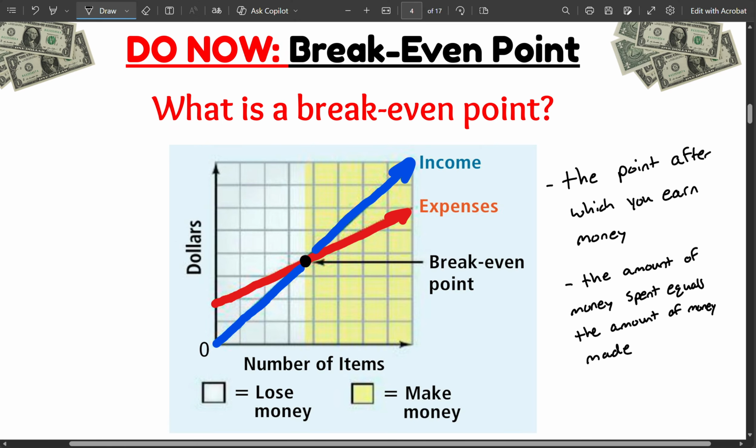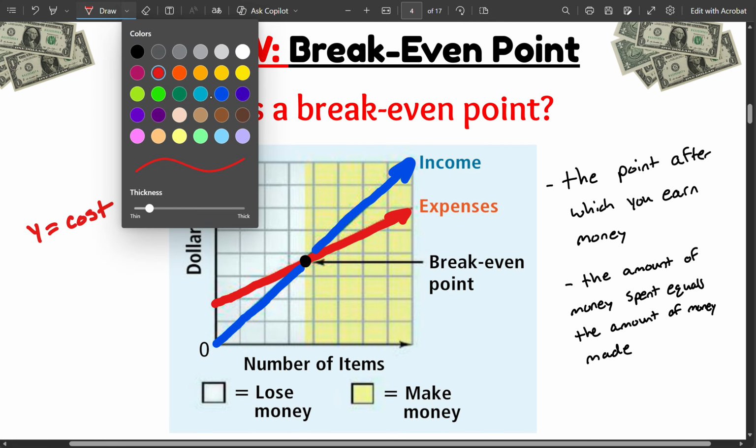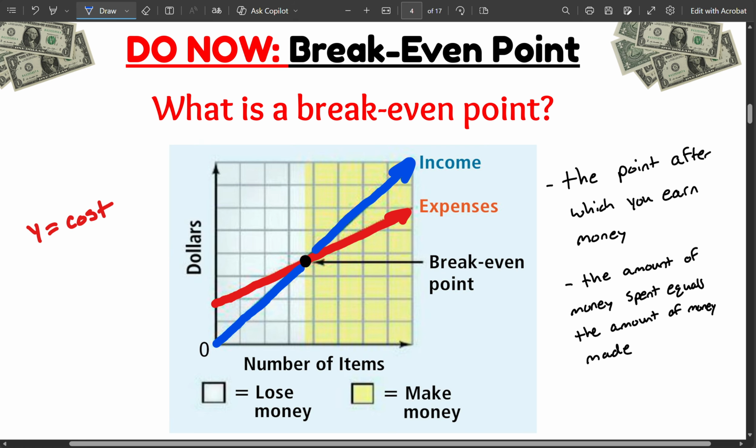Okay, so the way this works for our purposes is that we're going to have one equation that represents the cost of making or selling our product, and the other which represents the amount of money made.